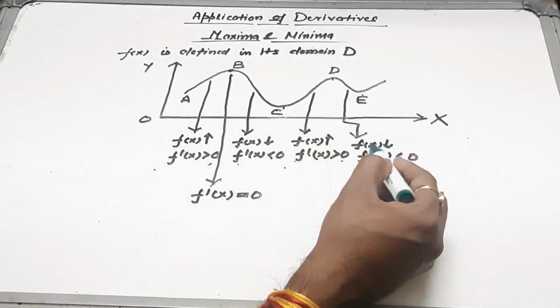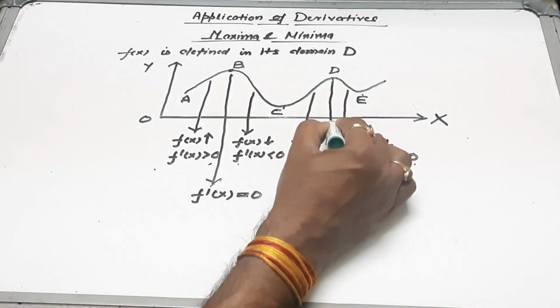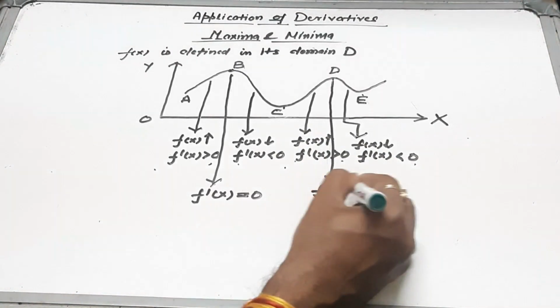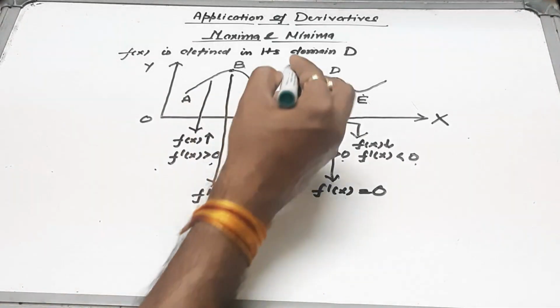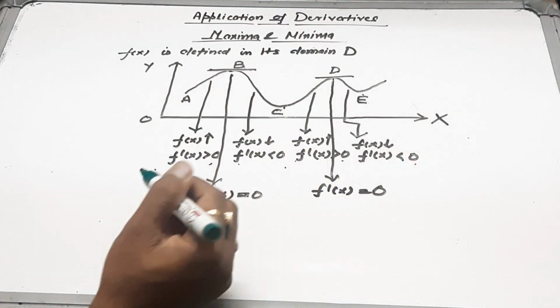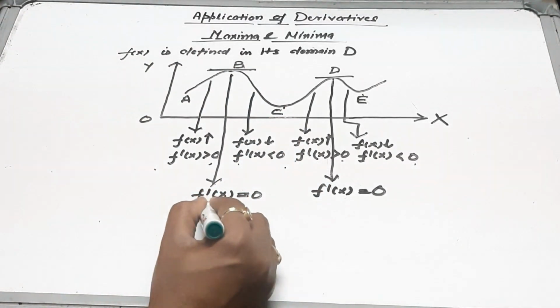From D to E, f'(x) is less than 0. What about point D? f'(x) is equal to 0. Means these two maxima points, B and D, any maxima point can be obtained by putting f'(x) equal to 0.